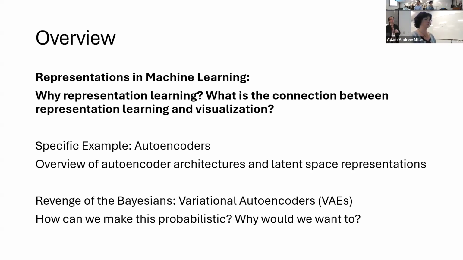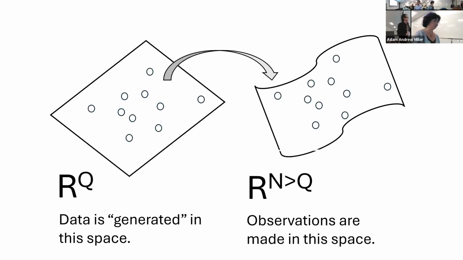Okay, so we'll start with this question of what is a representation? Why do representation? I sort of alluded to this already, but the idea here is we start with data in some high-dimensional space, but we suppose as our hypothesis that the data that we're observing in some high-dimensional space is not the true dimension of the problem.